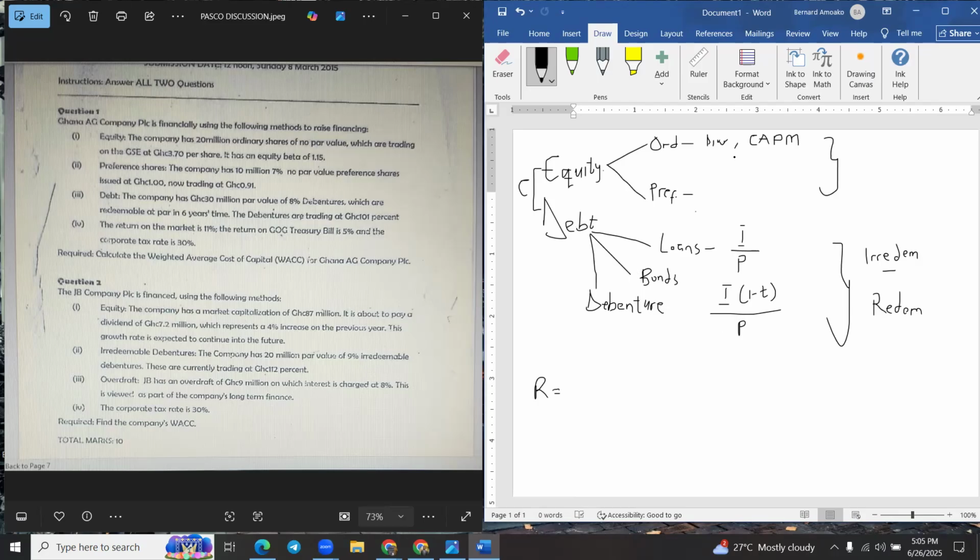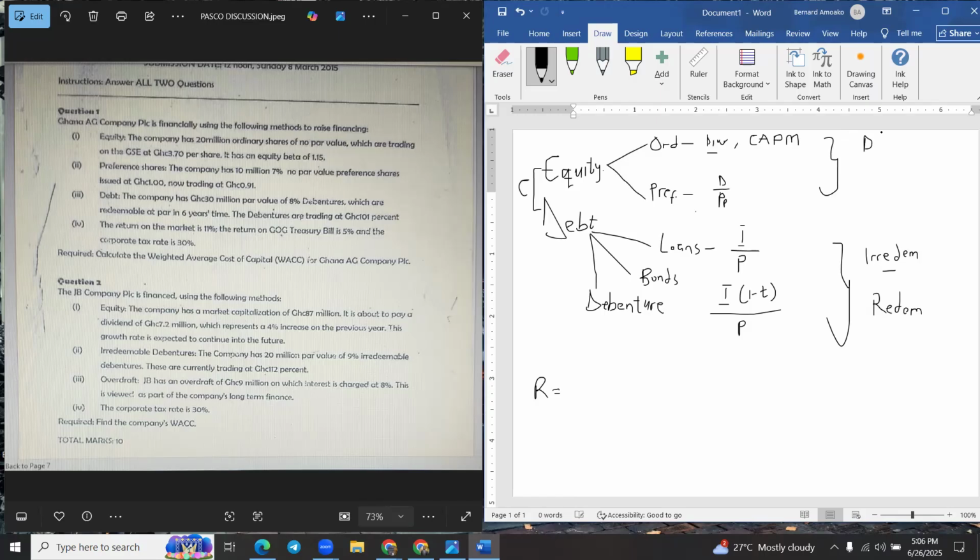of our debt. Now, when you come to our preference shares, we are looking at irredeemable preference shares. So it is our dividend divided by the market price of the preference shares. Now, when you come to our ordinary shares, it's the same dividend over the market price, using the dividend-based approach. But we can also have a situation whereby we are expected to have our dividend growing.